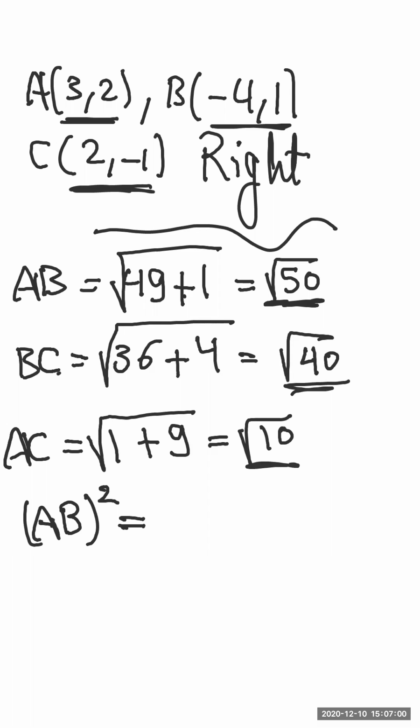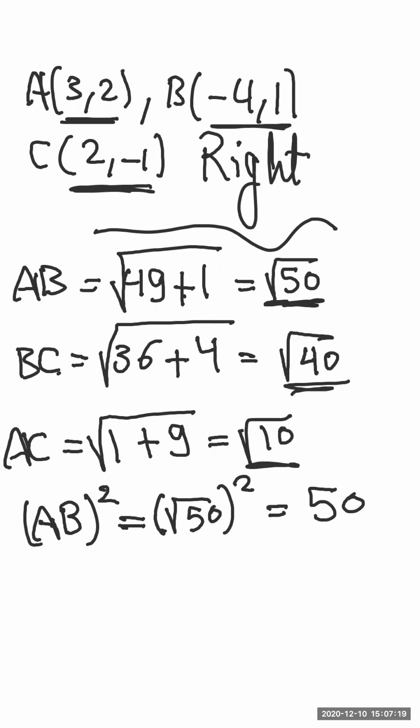So this means, guys, AB squared will equal square root of 50 squared, which will equal 50. Now BC and AC.